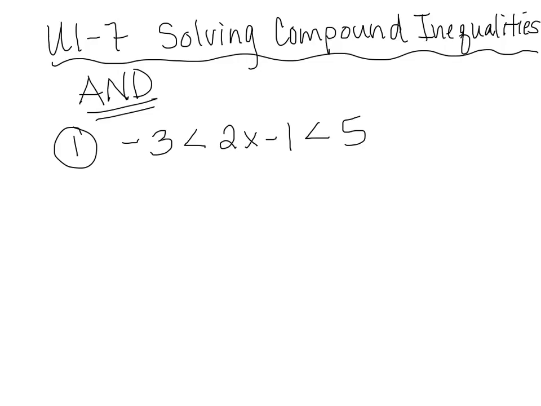So notice we have the two inequality symbols right here and here, and we have x kind of trapped in between those two symbols. So that's going to be typical of a compound inequality with AND. We would say this, -3 is less than 2x minus 1 and 2x minus 1 is less than 5.